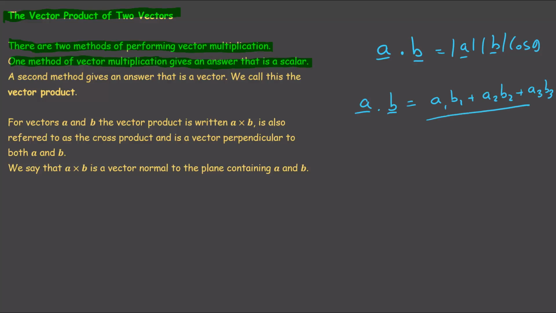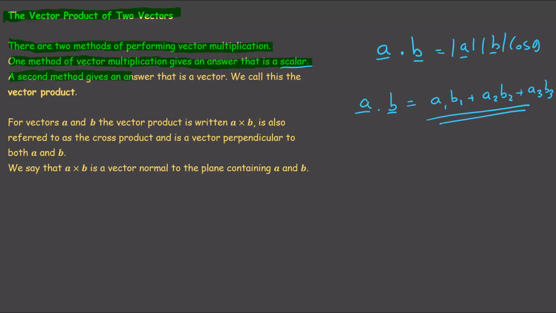But that gives us a number at the end, as we've seen before, both when we did 2 dimensions last year and in this 3-dimensional course a couple of examples ago. So it gives us a number, and hence it's called the scalar product.